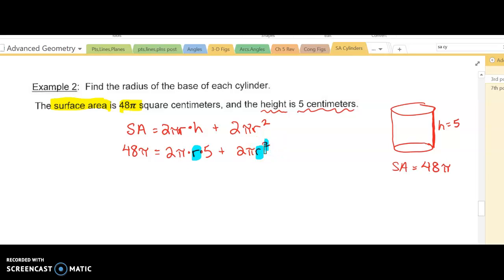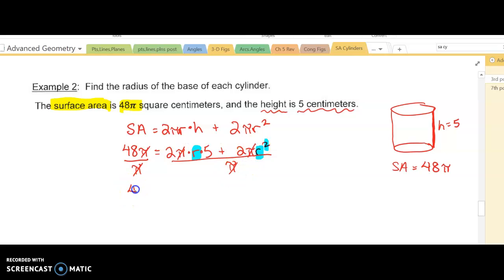First thing I'm noticing is that every single one of these numbers has a pi in it. And so that means we can divide this whole equation by pi, right? And all of those pi's cancel out.